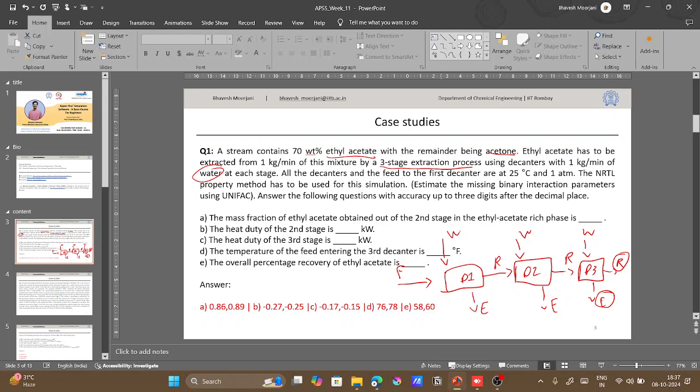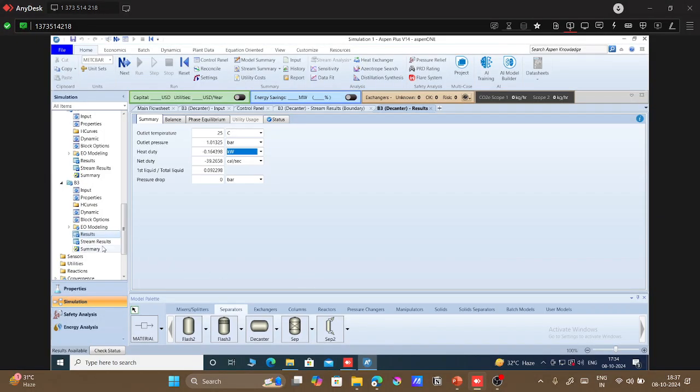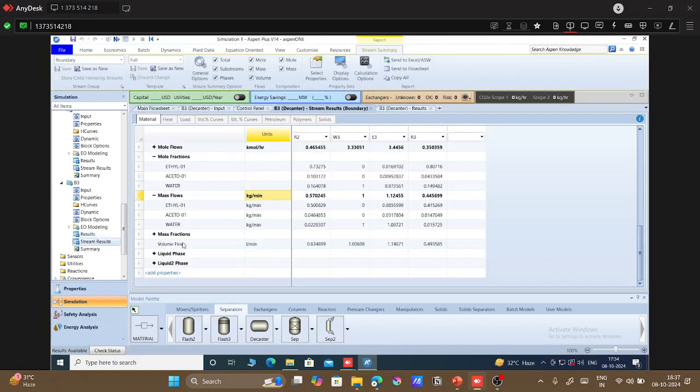Then it has been asked the temperature of the feed entering the third decanter. We know everything is operating at 25 degrees centigrade, so they have just asked it in degrees Fahrenheit. The overall percentage recovery of ethyl acetate, how much percentage recovery of ethyl acetate has happened. For that, we have the mass flow rate of ethyl acetate.